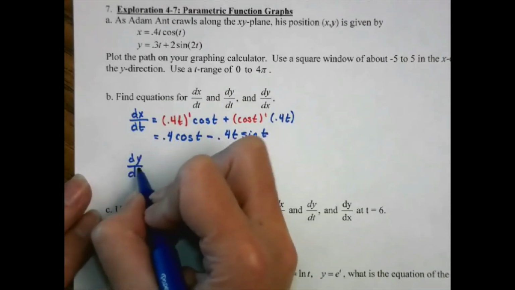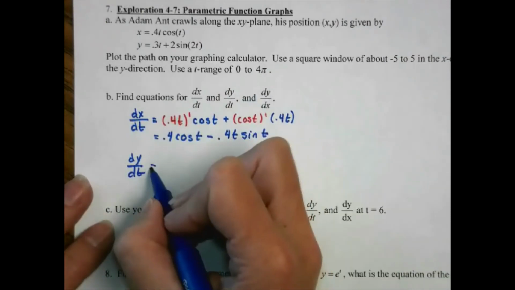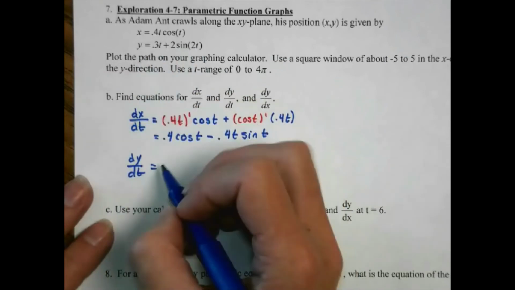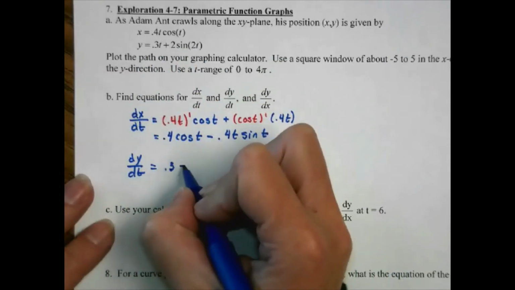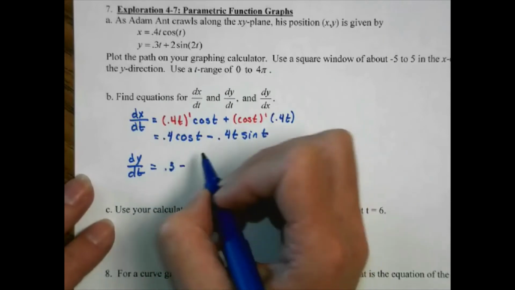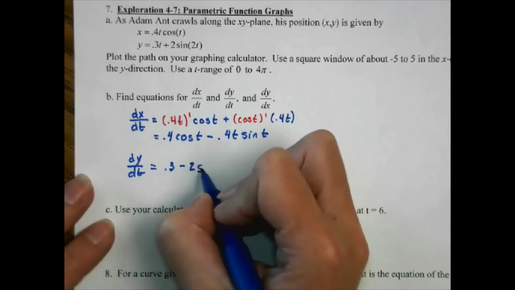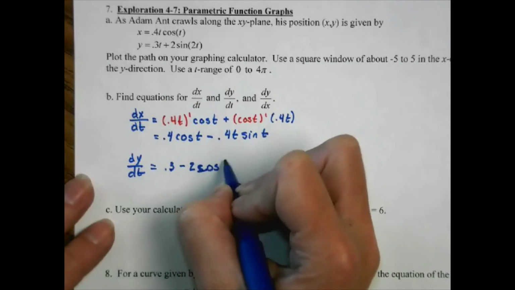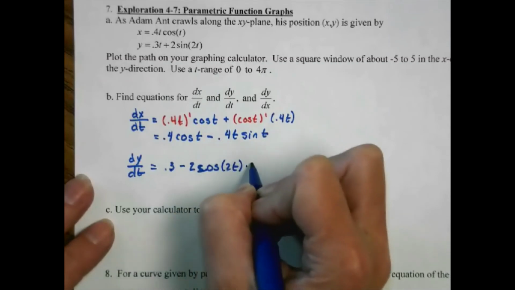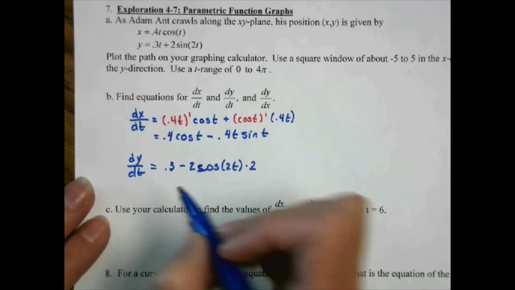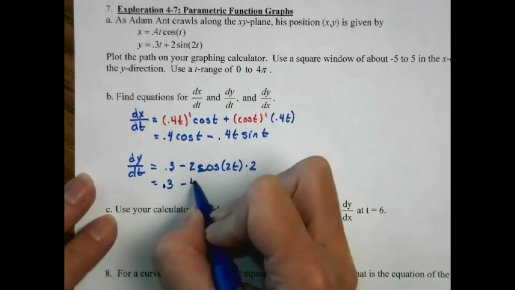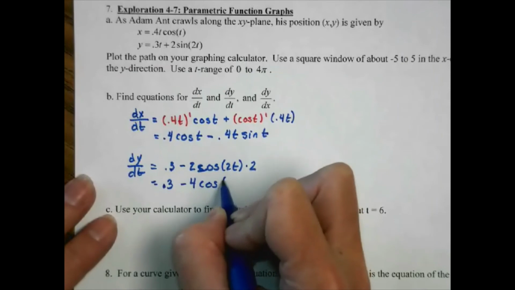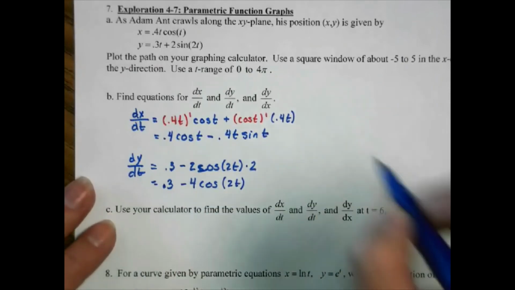For dy dt, we'll just add those derivatives together. So we're going to have 0.3 minus 2 cosine 2t times 2, which will make this 0.3 minus 4 cosine 2t.